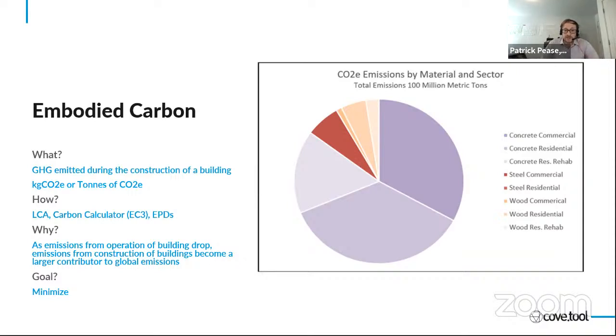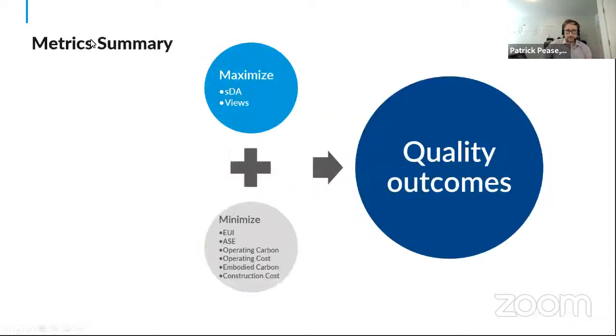So we want to minimize those as well. So minimizing the complete carbon life cycle of a building. And again, we could get this through an LCA or a carbon calculator. And it really needs EPDs from manufacturers: what's the carbon content of the stuff going into the building? And again, we want to minimize this as much as possible.